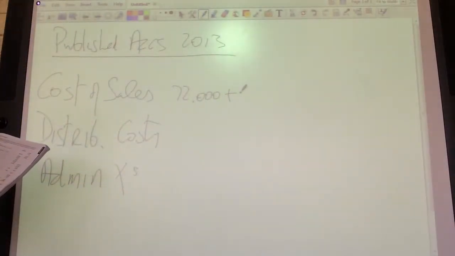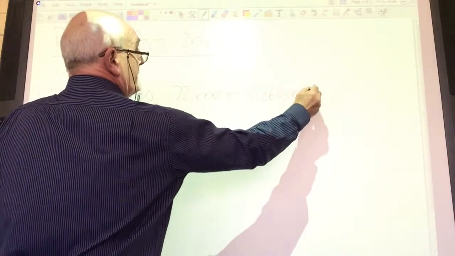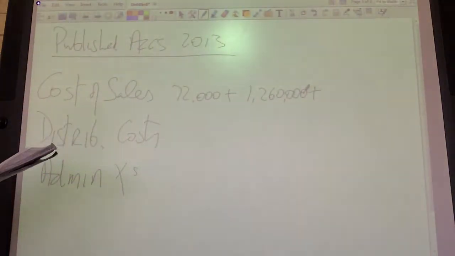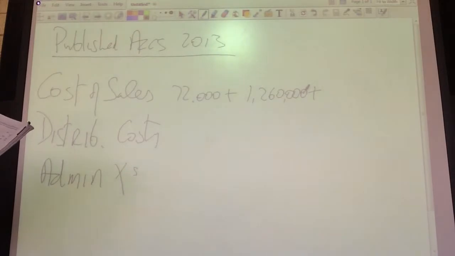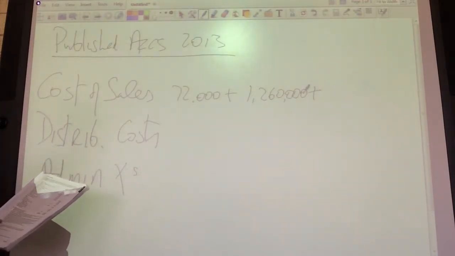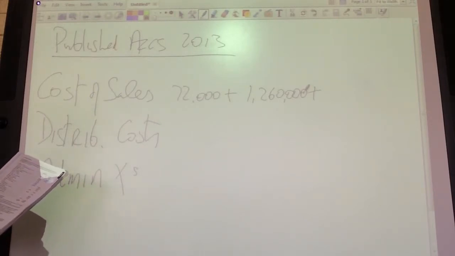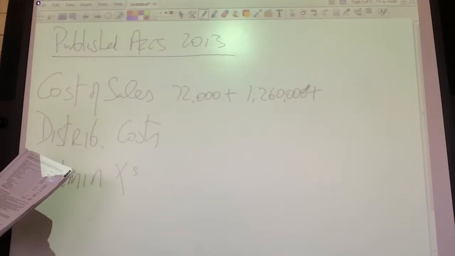And then we've got purchases of 1,260,000, to which we'd add any carriage-in or customs duty, not applicable in this case. But what we do have is a patent write-off where they tell us in adjustment 2 that the patents were acquired for 60,000 and they're being amortized over 10 years.